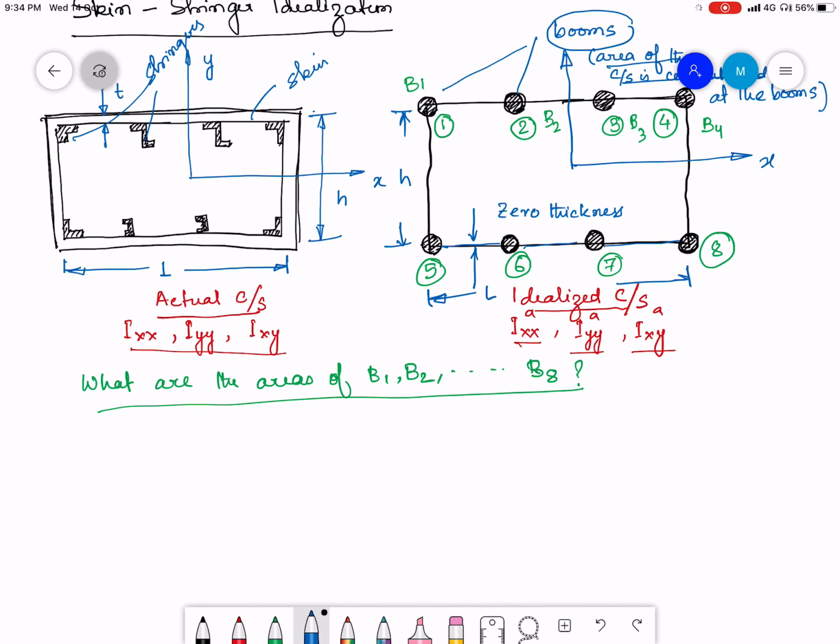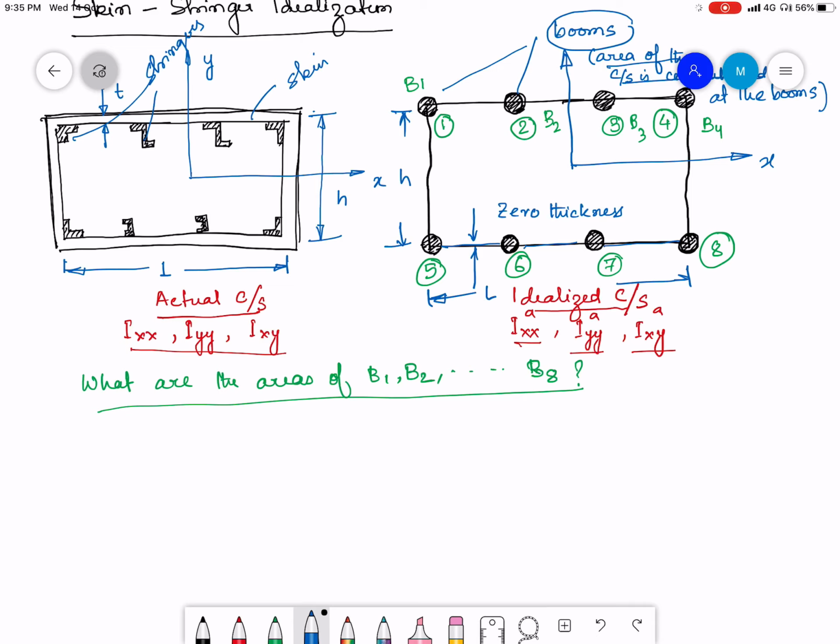Now comes how we are going to find the area of the booms. The answer to this is there is no single answer. I'm just going to give one answer.